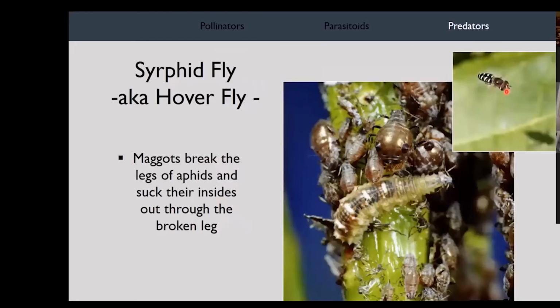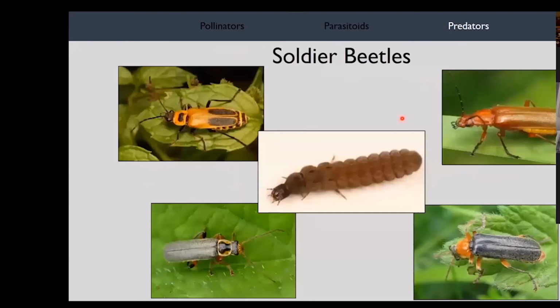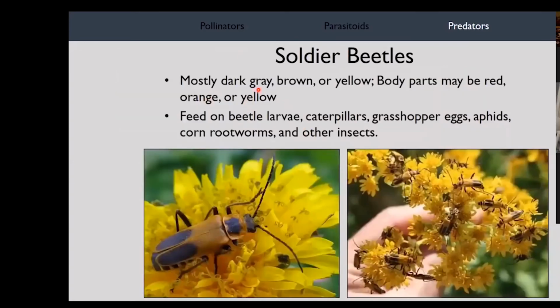Hoverflies as adults have that helmet eye shape there. And again, they're flies, so they'll have those halteres and those two wings. Soldier beetles, the one that I'll see most often in our state is the goldenrod soldier beetle. Named that probably because they're on goldenrod a lot. And so you'll see a lot of these guys mating here on that goldenrod.